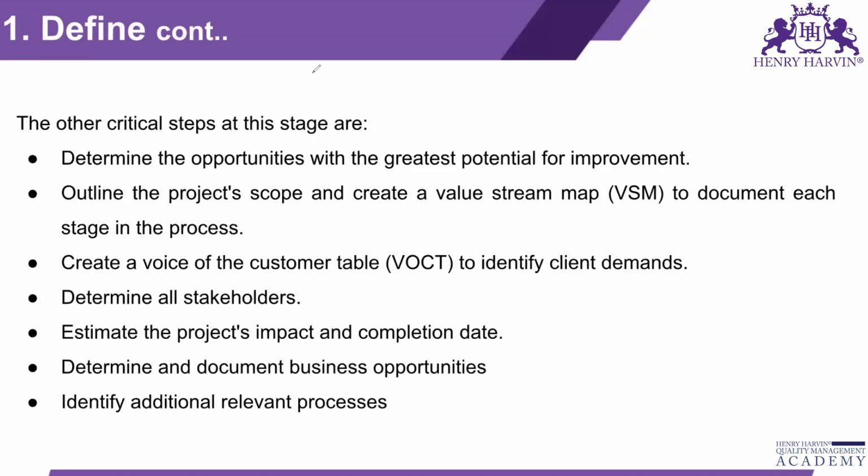The other critical steps at this stage are: determine the opportunities with the greatest potential for improvement, outline the project scope, and create a value stream map to document each stage in the process. Create a voice of the customer table to identify client demands. Determine all stakeholders. Estimate the project's impact and completion date. Determine and document business opportunities.